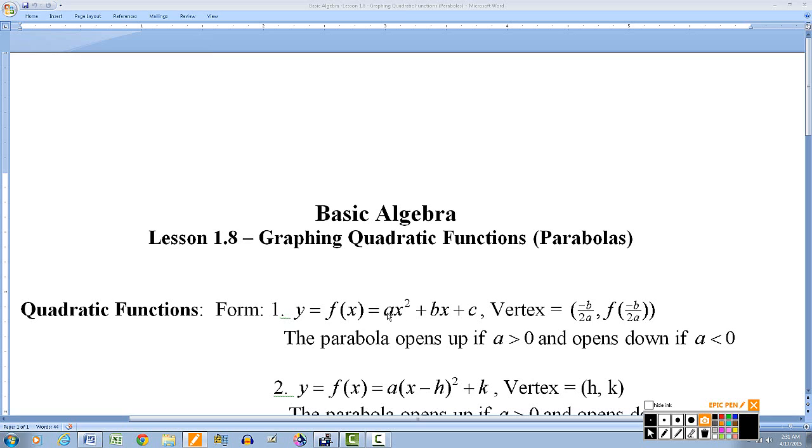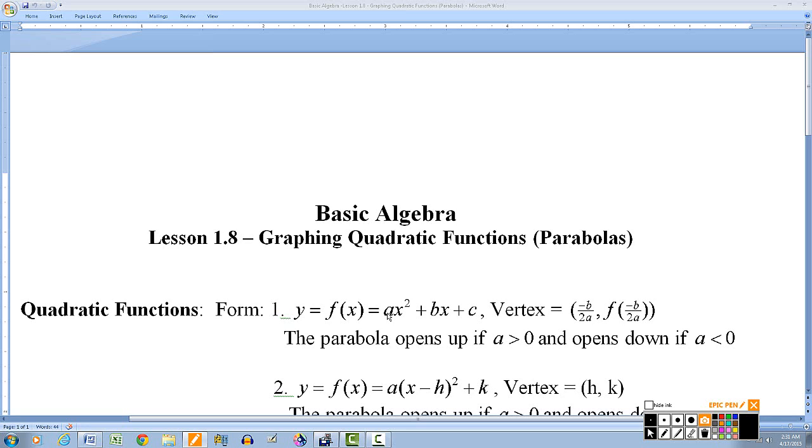If a is 0, then basically you don't have the square term, you just have bx plus c. So that represents a horizontal line, or a slanted line. If b is equal to 0, then you've got a horizontal line passing through the point 0, c. If b is not equal to 0, then you have a slanted line. Okay. So they're easy to graph.